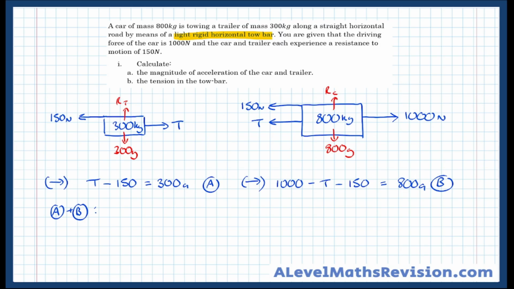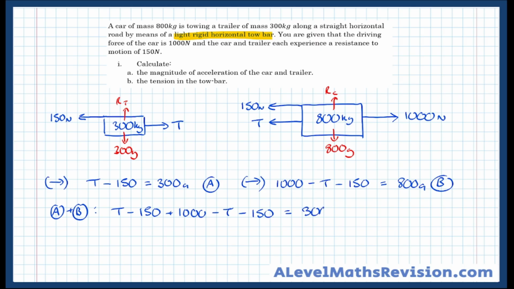the direction of motion. So adding them together, I get T minus 150, left-hand side of equation A, plus the left-hand side of equation B. And you can see there that the tensions will subtract from each other to leave zero. So that's the left-hand sides added together, and the right-hand sides added together.